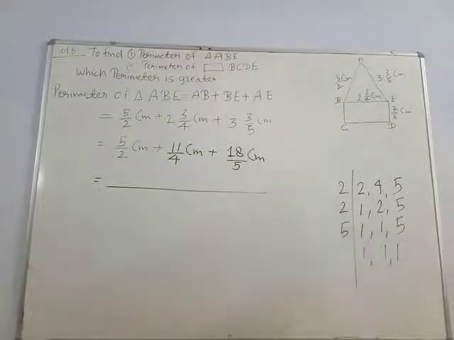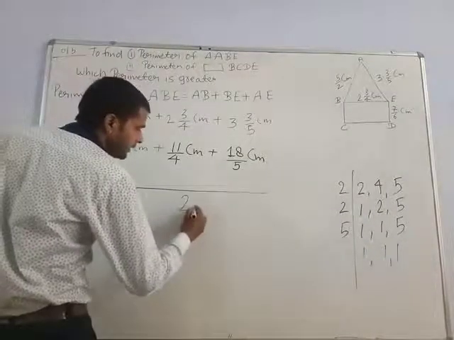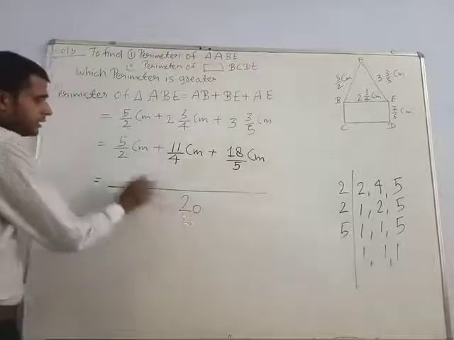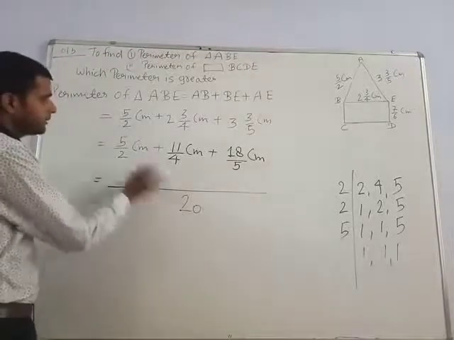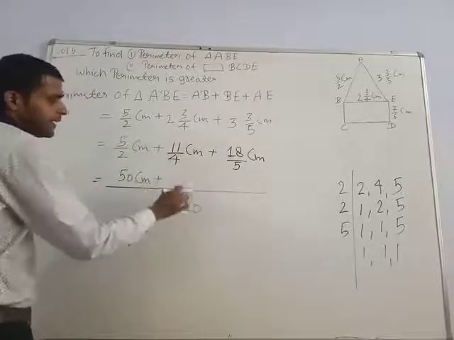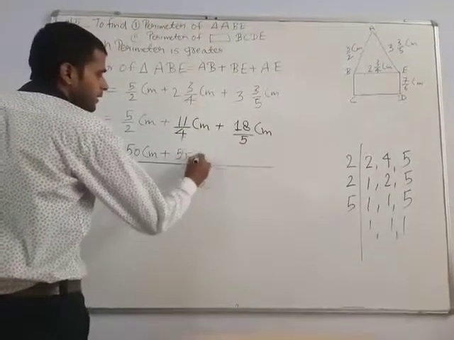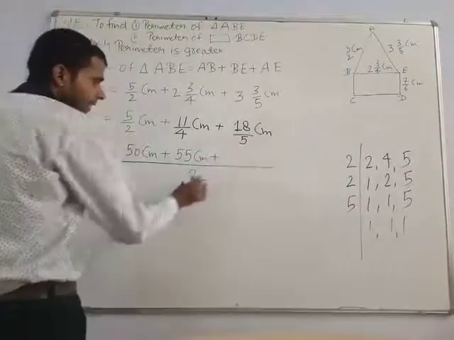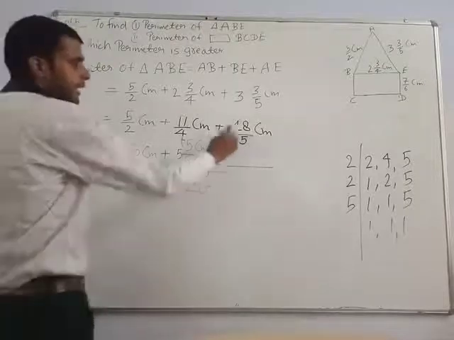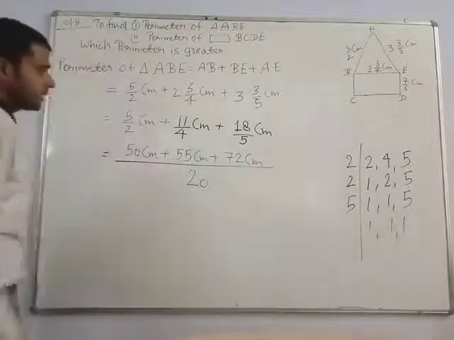So 5 into 2 is 10, 10 into 2 is 20. So the LCM of 2, 4 and 5 is 20.